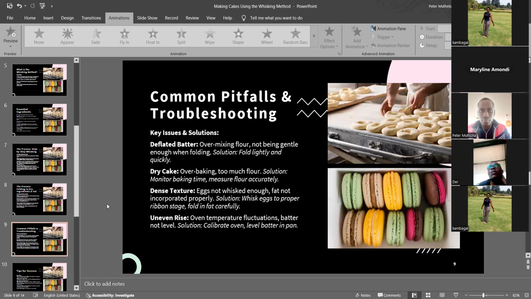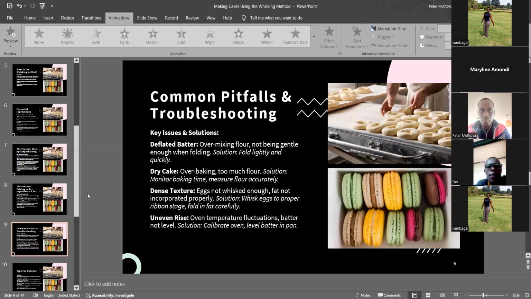So for us to achieve the best product, we need to preheat this oven, because there are required temperatures for us to bake. So the moment you put your cake in that particular oven and the temperatures are not yet achieved, you'll find that the cake may backslide. So you'll have those common faults that may occur during our baking.